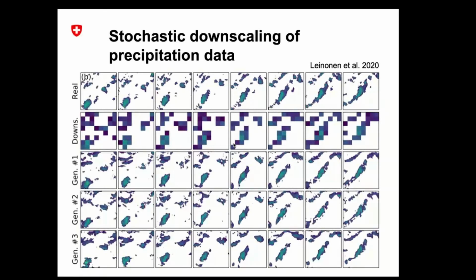So here in the top row, we have the real examples, and then we artificially downsampled those into a lower resolution, and then using this as a condition to the GAN, we tried to generate higher resolution outputs, which are shown here in the bottom 3 rows.